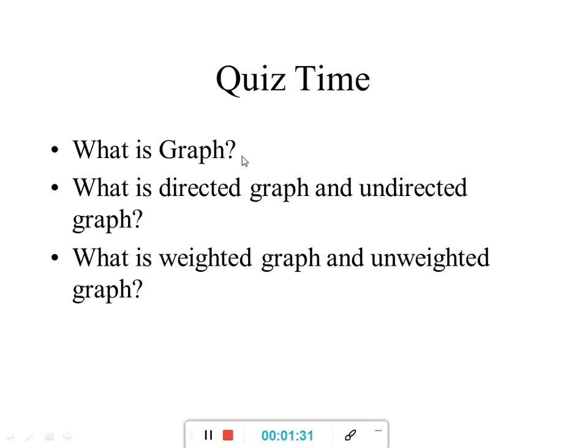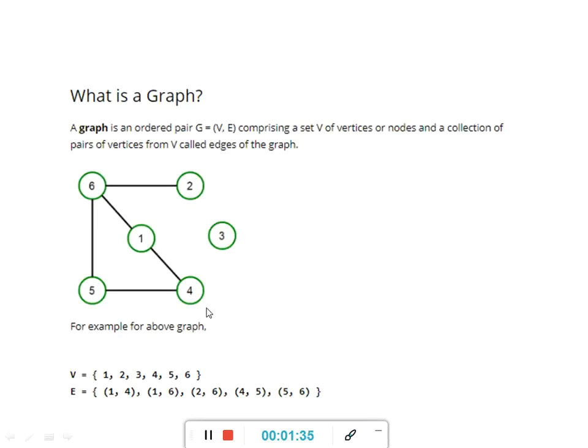a graph is a nonlinear data structure which is represented as G equal to (V, E), where V is the set of vertices and E is the set of edges. We can call the vertices nodes and the edges arcs.